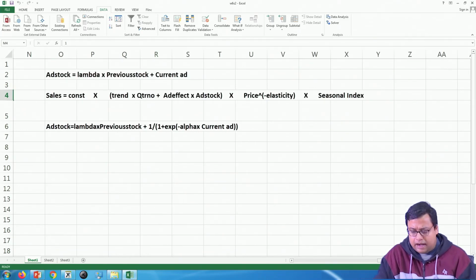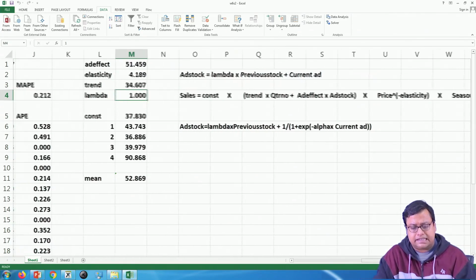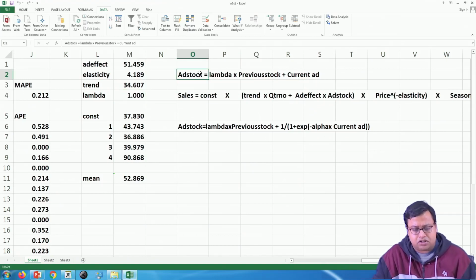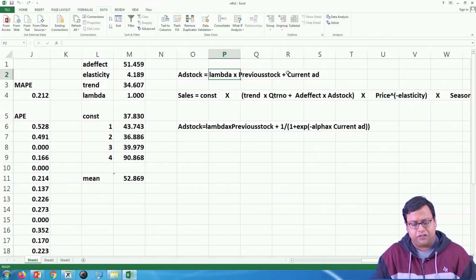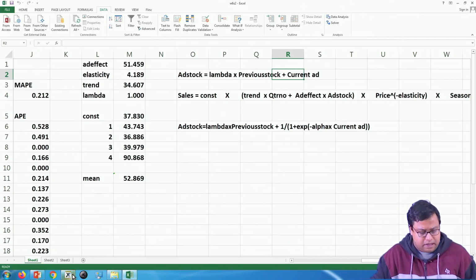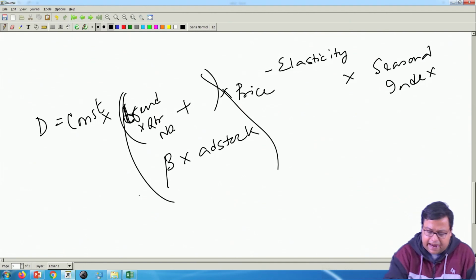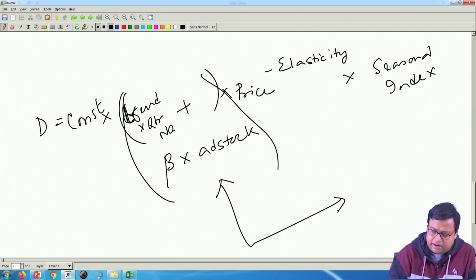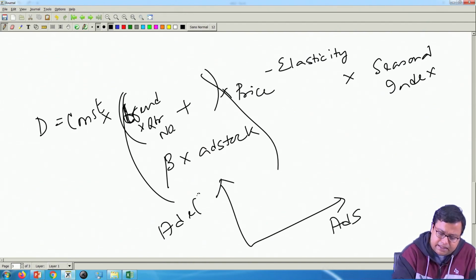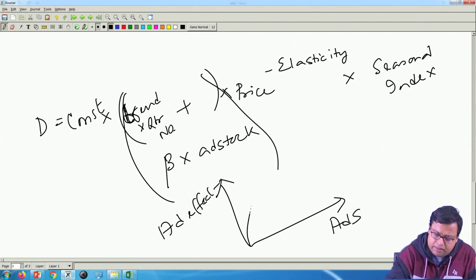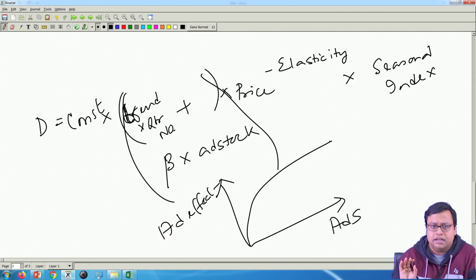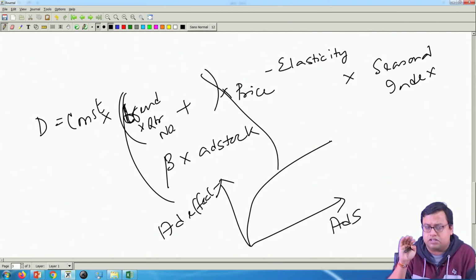Now, another addition is, see, at stock here we are writing lambda into previous stock plus current ad. Now, oftentimes researchers suggest that the effect of ad is not linear, that as your ad expenditure goes up, your ad effect will have this kind of relationship, which is increasing, but the marginal increase drops.